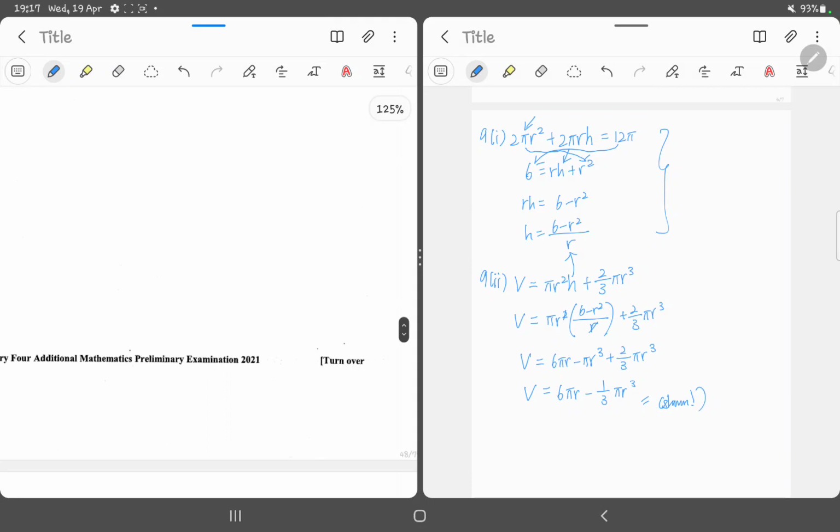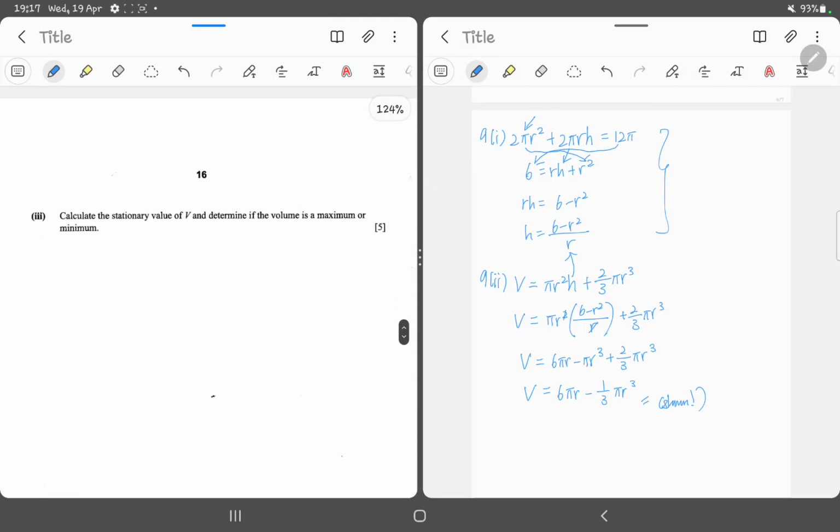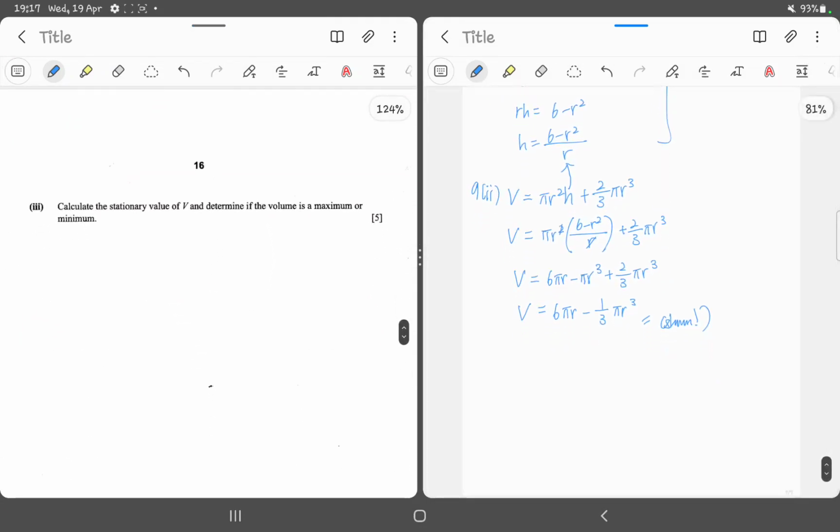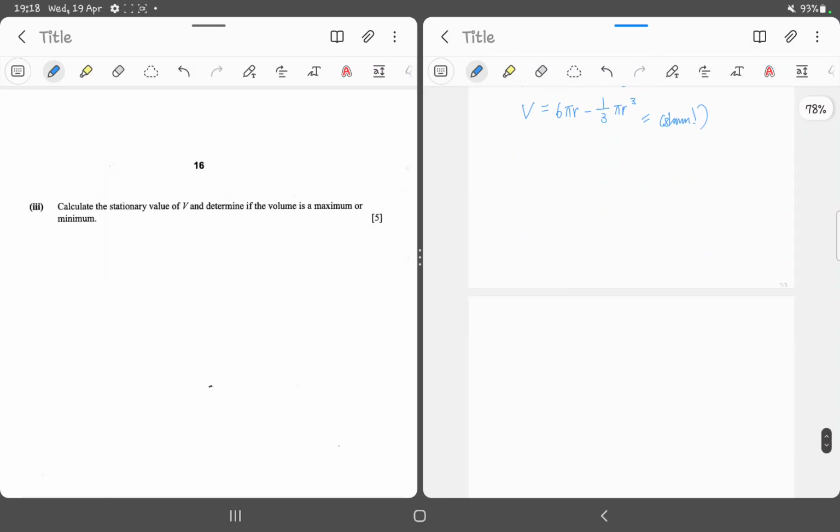Moving on to part 3: calculate the stationary value of V and determine if the volume is a maximum or a minimum.